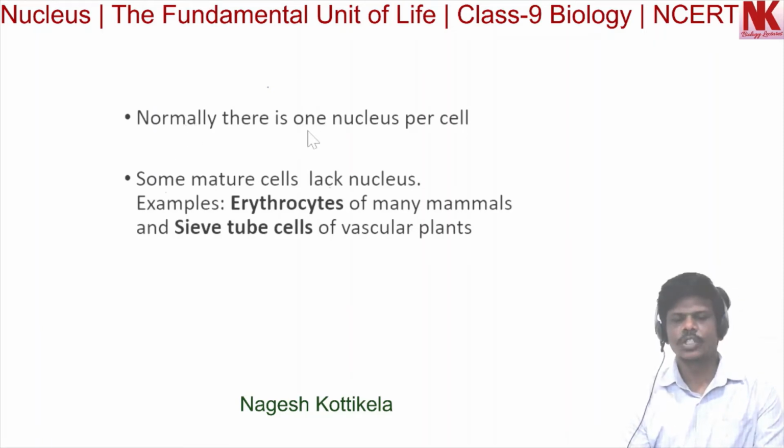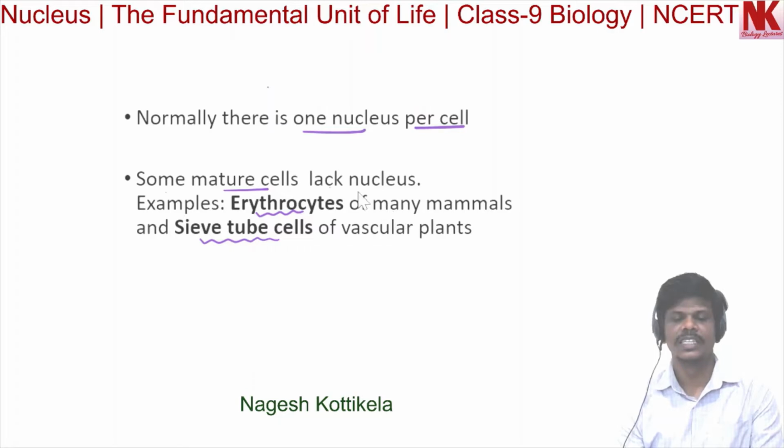Normally, there is one nucleus per cell, but some mature cells lack nucleus. For example, erythrocytes of many mammals and sieve tube cells of vascular plants lack nucleus.